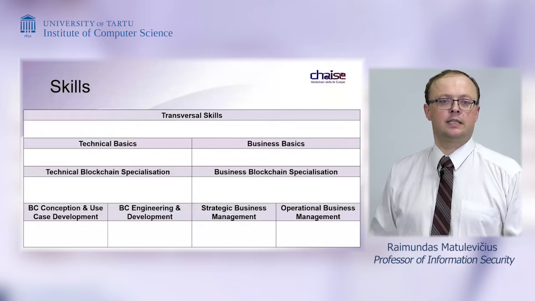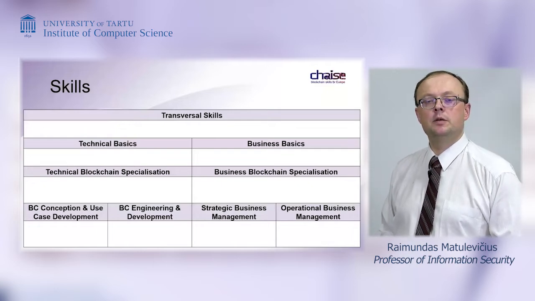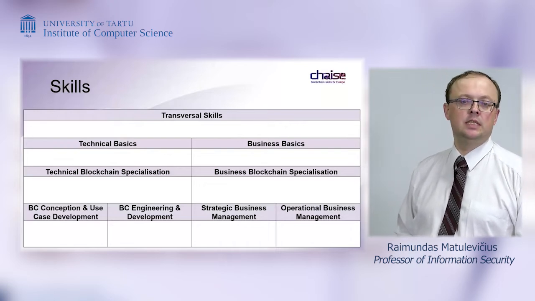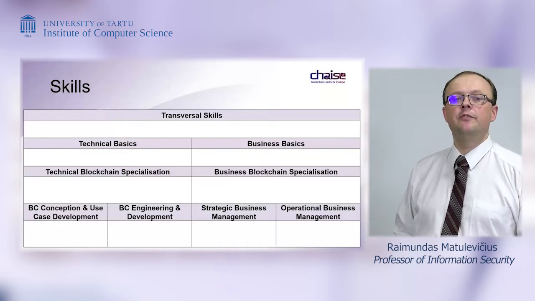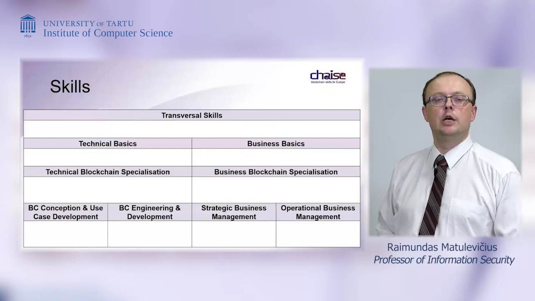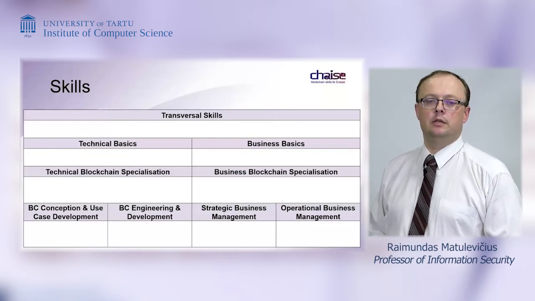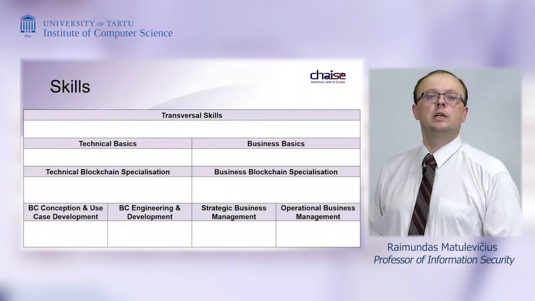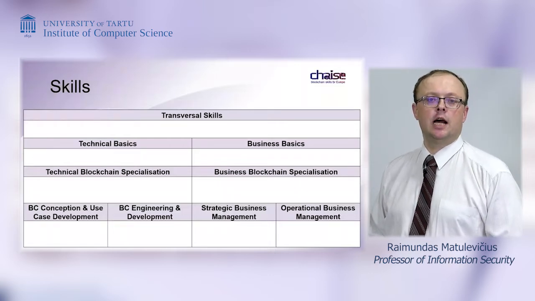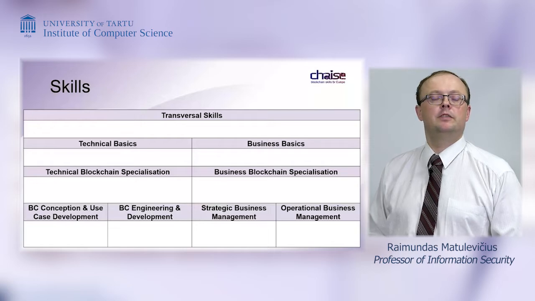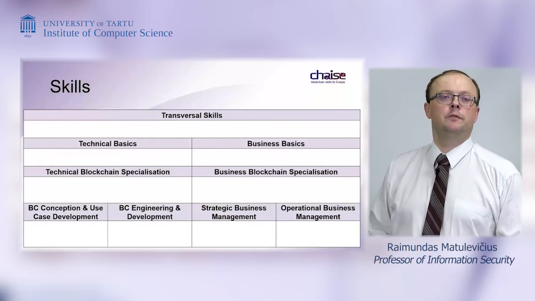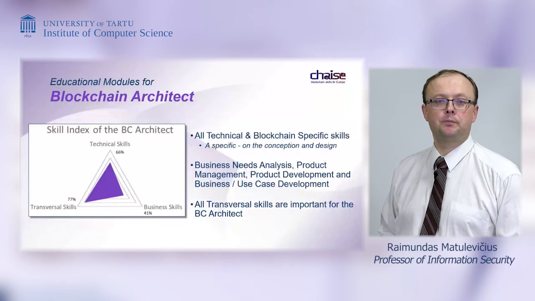These skills include the transversal skills, technical basic skills, business skills, technical blockchain specialization and business blockchain specialization, and very concrete skills regarding the use case development, use case definition, and business management. Now, once we have the CHAISE learning outcomes, we are able to map these different skills and learning outcomes in order to define the learning modules.